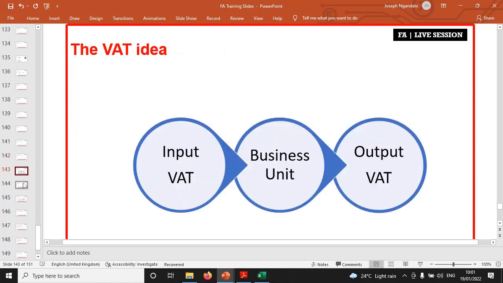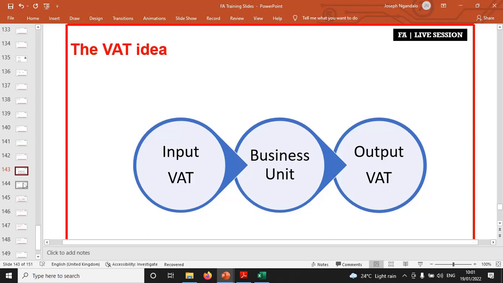The next one. So I think the lawyers and the economists and the accountants, this is the idea that they give out to us. A business is an economic what? Unit. Do you understand that? It sources for what? Raw materials or indeed inputs, isn't it? But it also sells what?